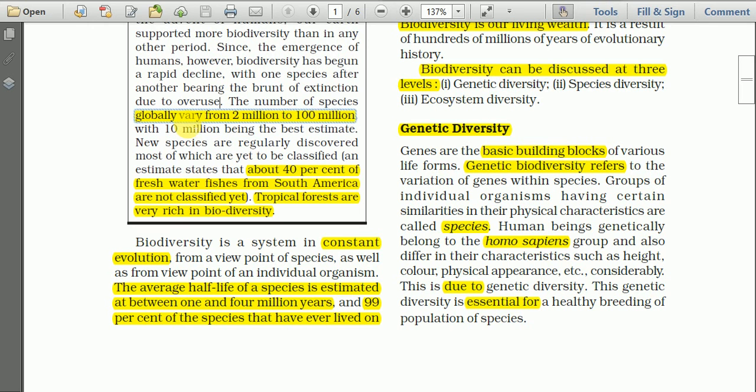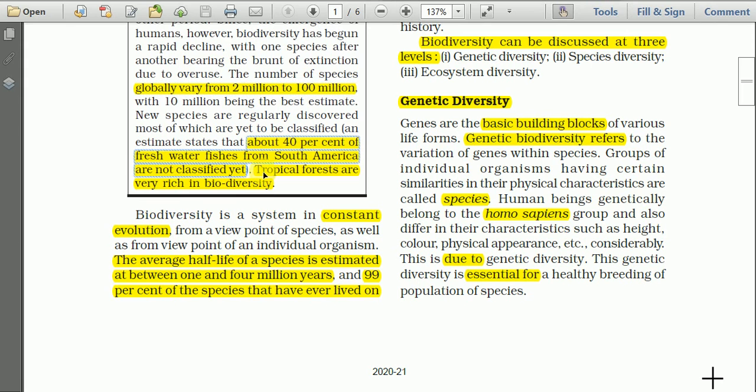Still, discovery is going on, and most of the species on the Earth's surface are not identified and not classified. An estimate states that about 40% of freshwater fishes from South America are not classified yet. That means yet to be discovered.